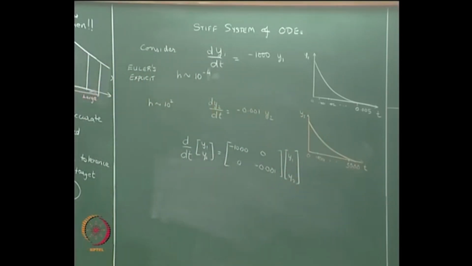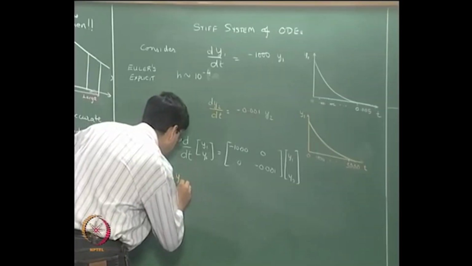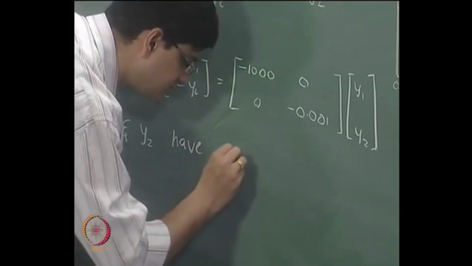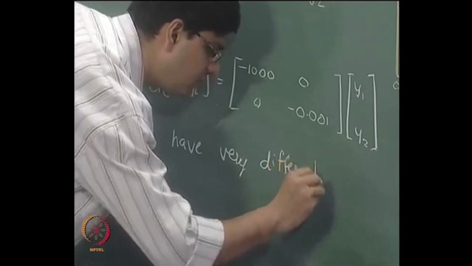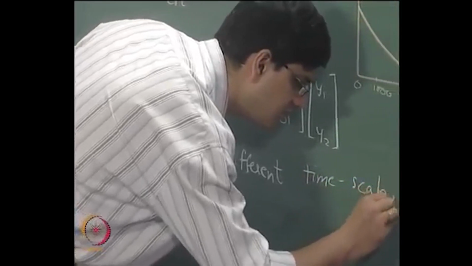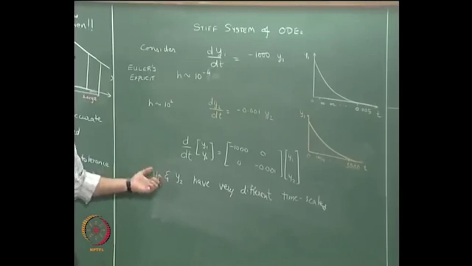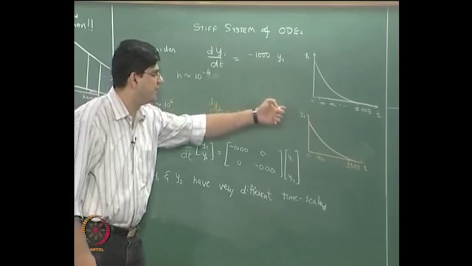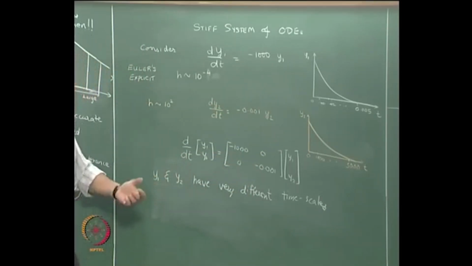So what happens over here is that y1 and y2 have very different time scales. Okay. So y1 and y2 evolve at very different time scales compared to each other. Y1 is evolving in about 5 milliseconds, whereas y2 is evolving over a period of an hour.